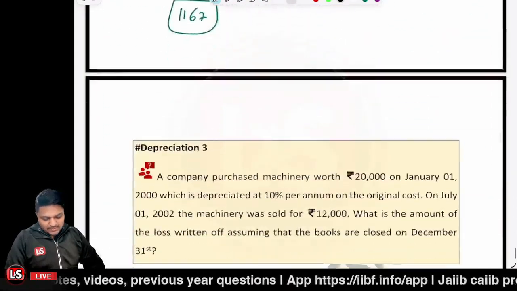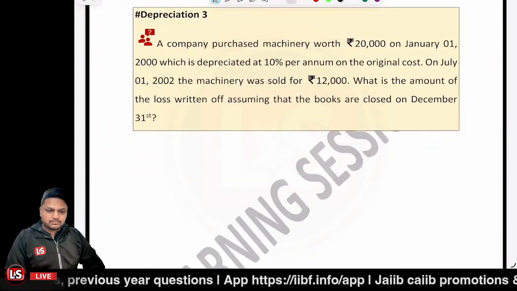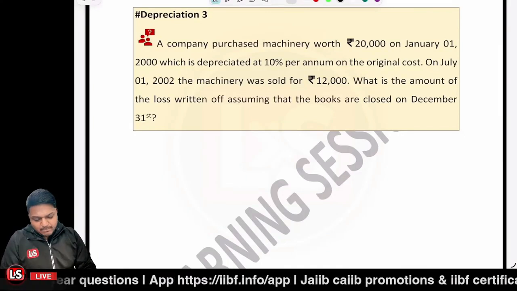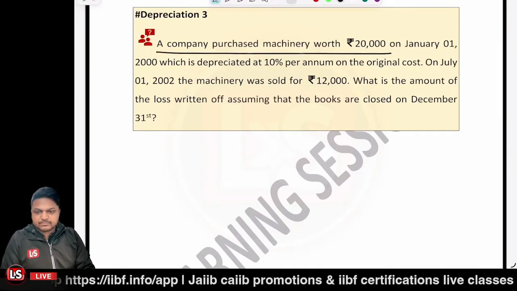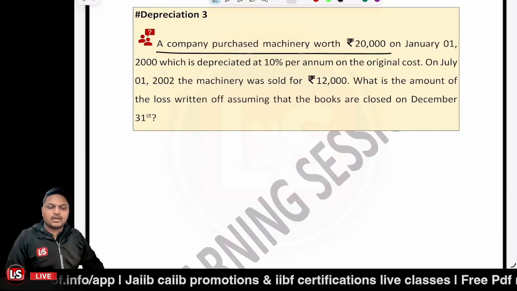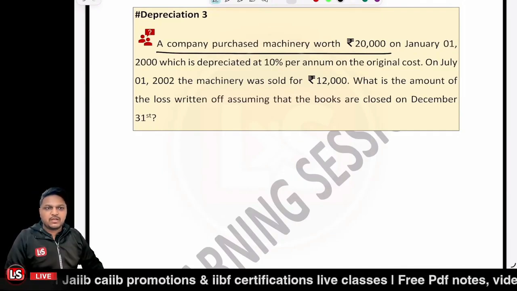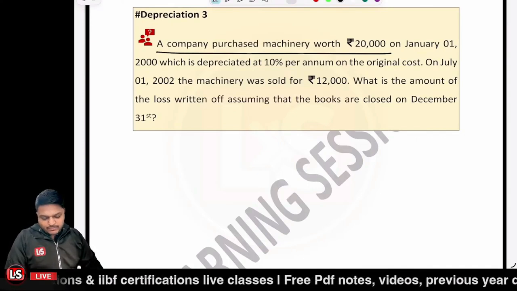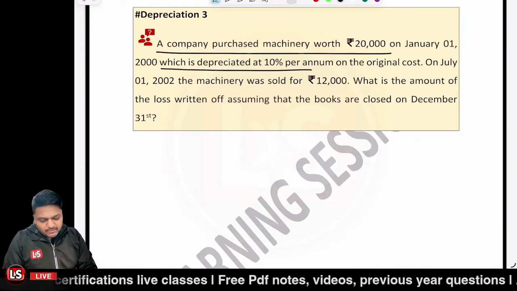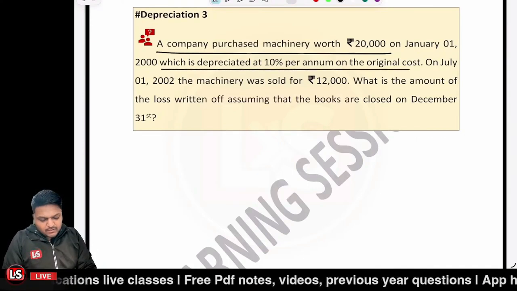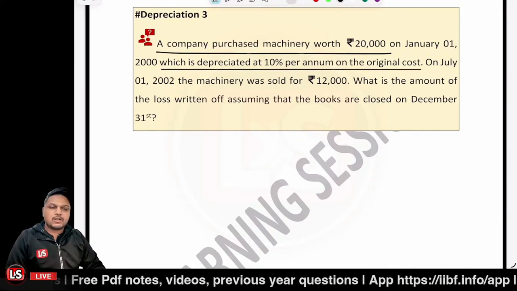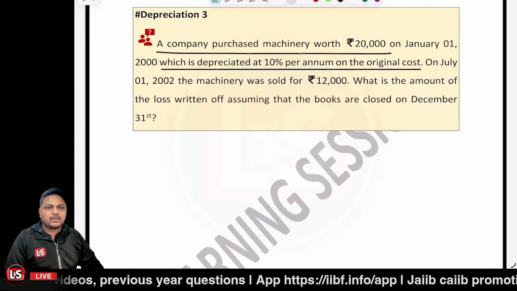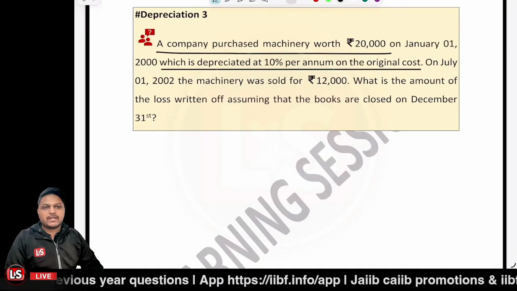Now, let's solve another question. It says a company purchased machinery worth rupees 20,000 on January 1st, 2000, which is depreciated at 10% per annum on the original cost.